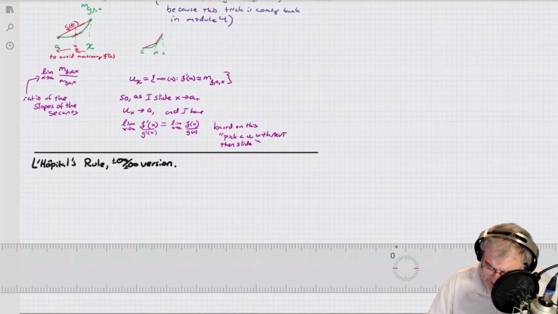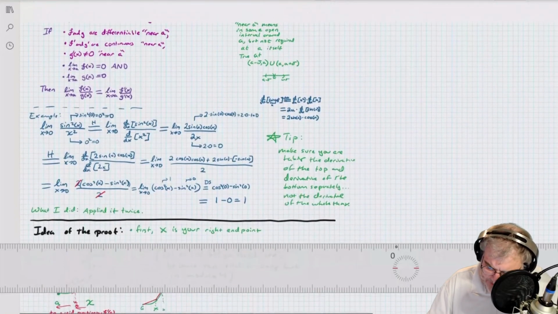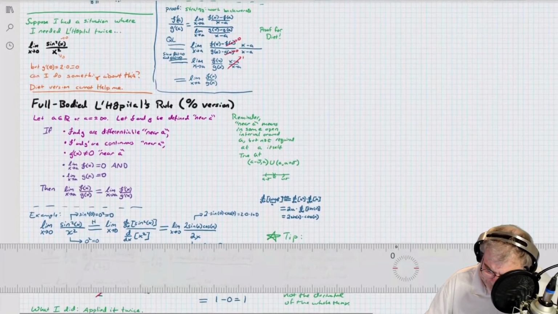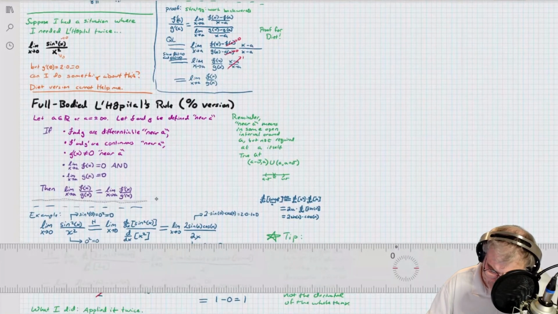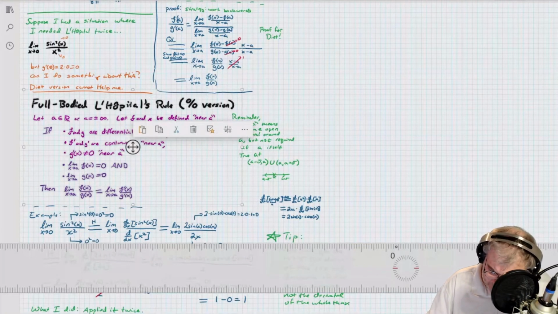And here's what it says. Basically, everything that this thing said before. What does the infinity over infinity version say? Well, I'll show you. I just do this.